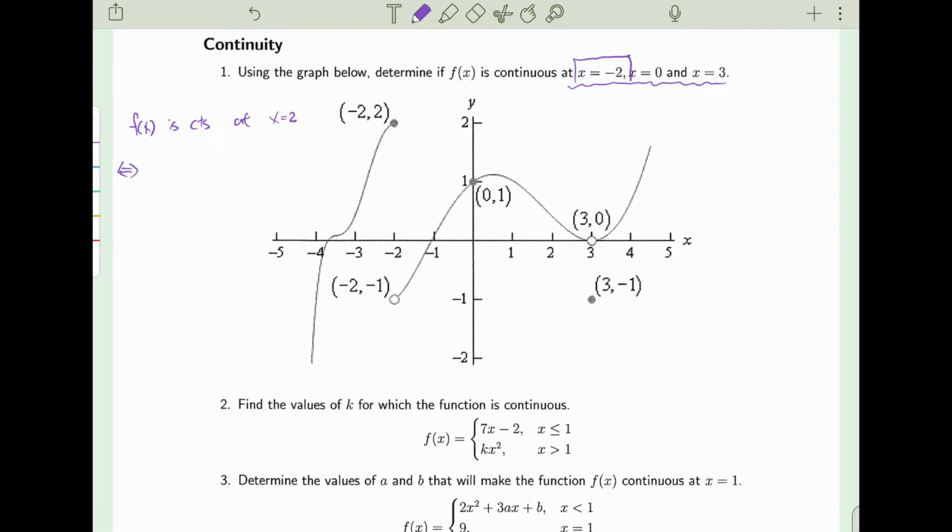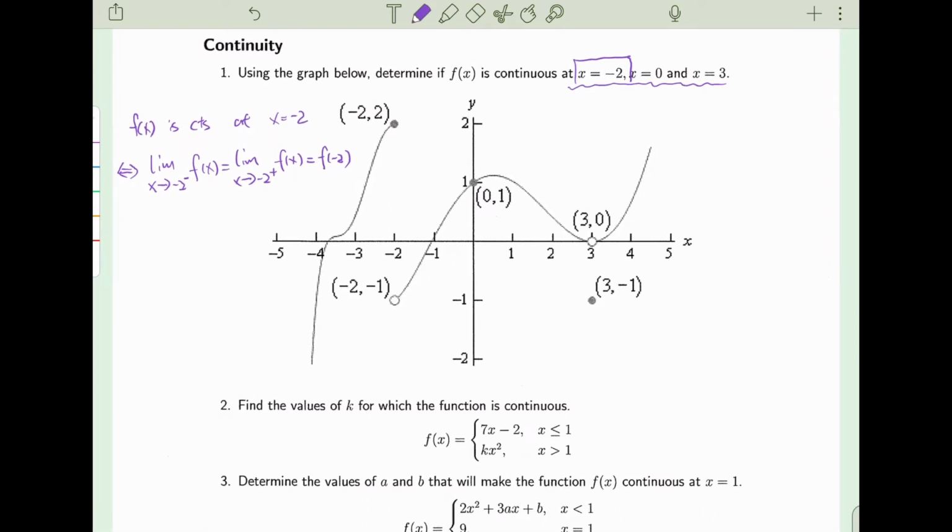The definition is limit x from the left side of -2, that is -2 minus, right? It's equal to limit x from the right, that's -2 plus f of x. It's also equal to f of -2. That's the value of the function evaluated at the point x equal to -2. So that is the definition theoretically.